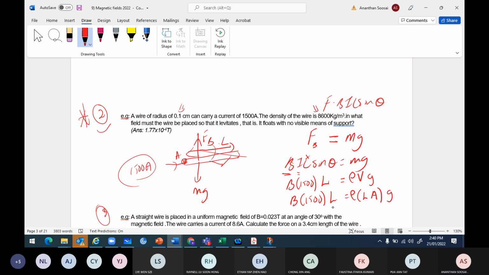Here we successfully cancel the L and make B the subject. So rho A g over 1500 will give you the answer. You should get 1.77 times 10 to the power of negative 4 Tesla. The area, of course, is the cross-sectional area, so you have to use pi r squared to find the area. So this is how the working should be.